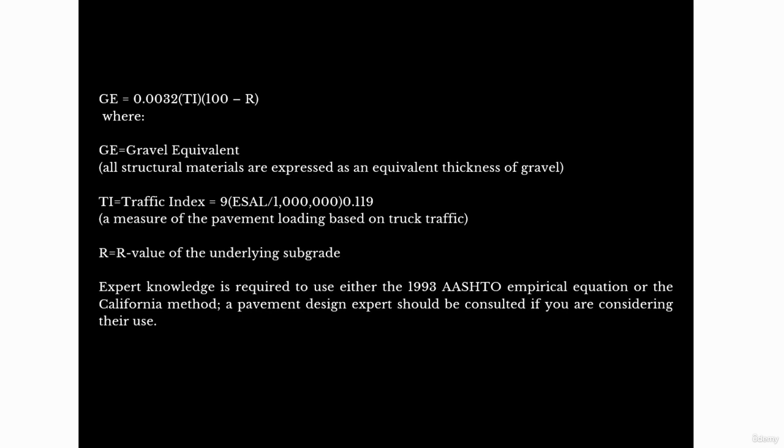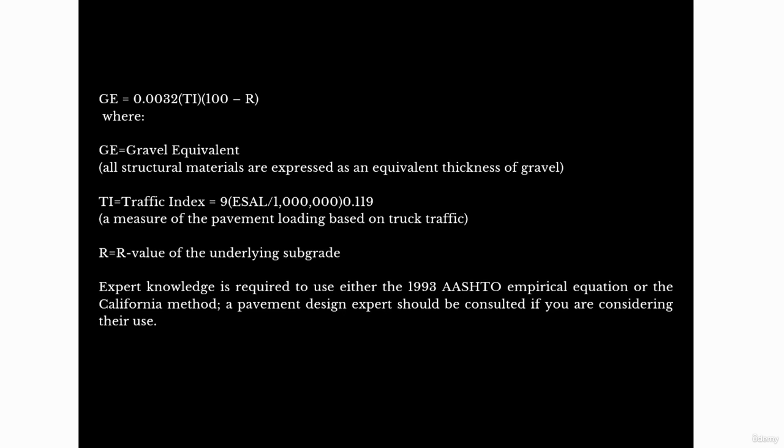So it's based on the axles. In South Africa, it would be 80 kilonewton axles. In New Zealand, it's a bit different. You can just look that up. I'm not trying to go into the technical aspects of all of this. That'll be in a separate course. But yeah, all structural materials are expressed as an equivalent thickness of gravel, of course, because that's the methodology. And that's how you do it, whether empirically or for all the design guidelines, because the design guidelines are kind of empirical, but they're just high level.